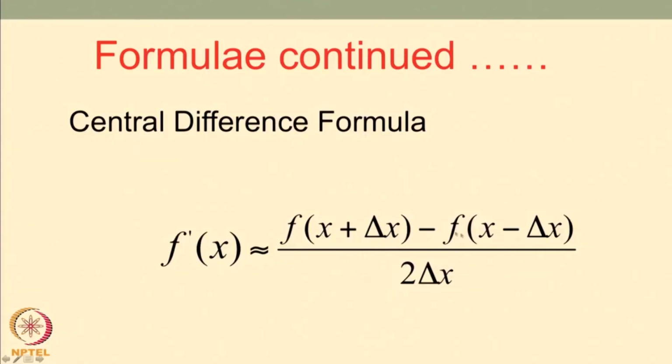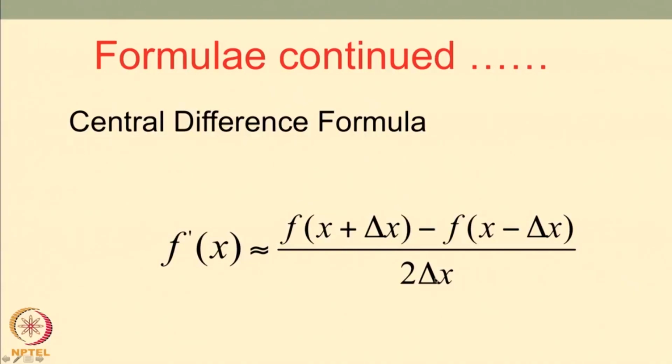You take one point slightly above or next to x, and one point slightly below or just behind it, and find the difference. That would also be a valid formula for computing the first derivative, f prime of x. Remember, this prime means derivative.